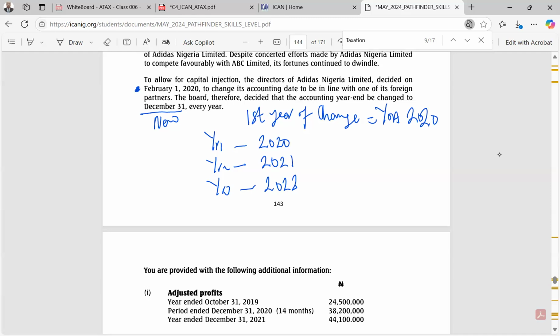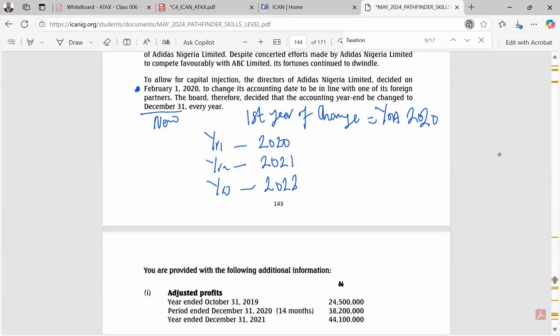I didn't get your question because of my network. You're saying that if there was no change that year, say they didn't make a decision to change the date in February, normally it will still run from November to October 31st, right? Yes.